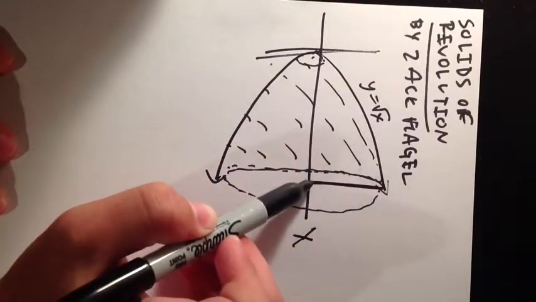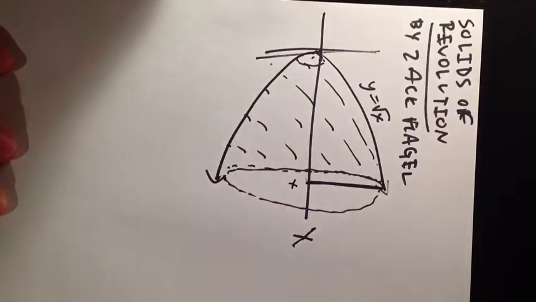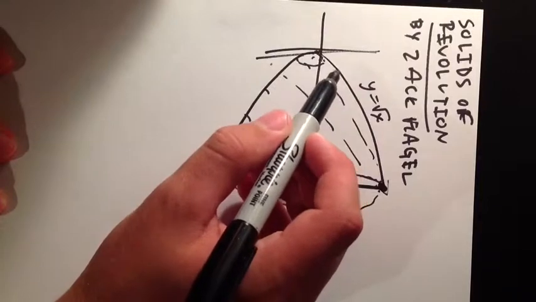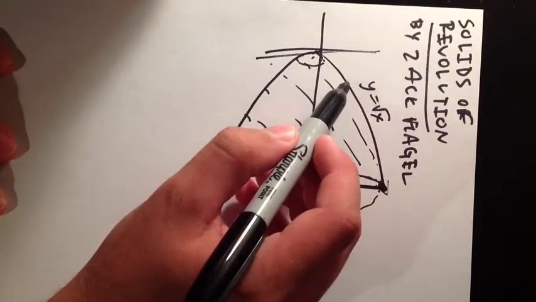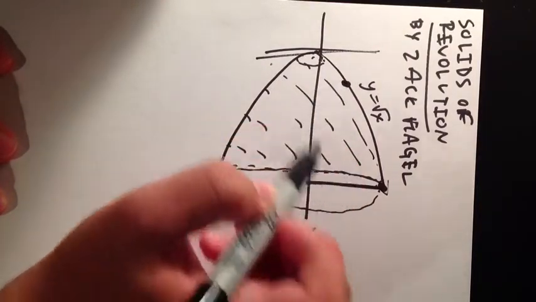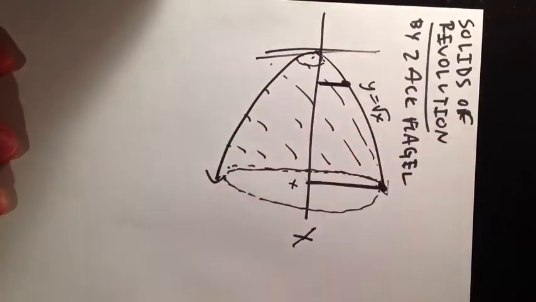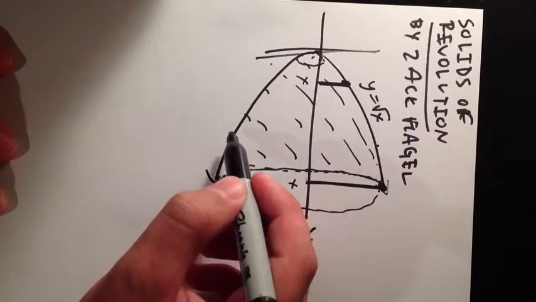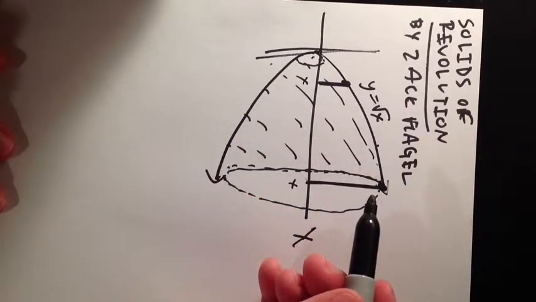So all we have to do is find this x value and plug it into the equation, and we get the y value at that point. There we find the radius of the circle, and that works for any point. If you want the radius right here, you just plug in that x value and find it. Same thing anywhere you want, that's how you find the radius.